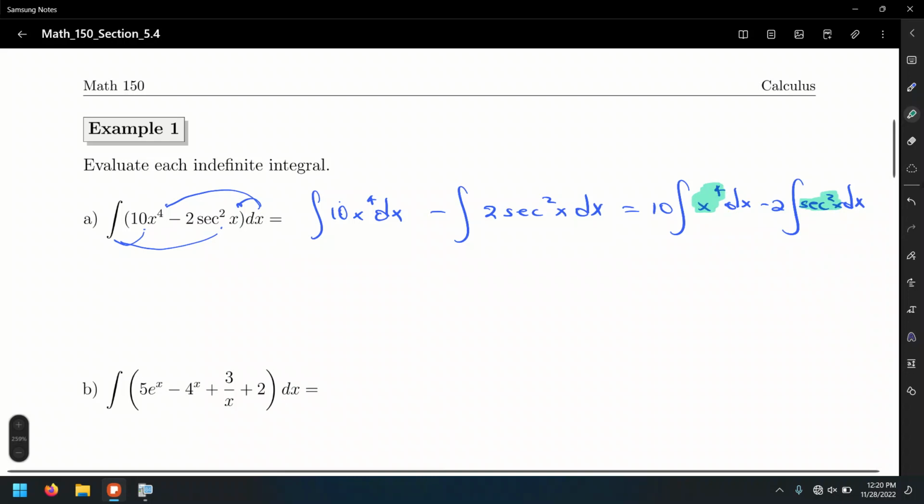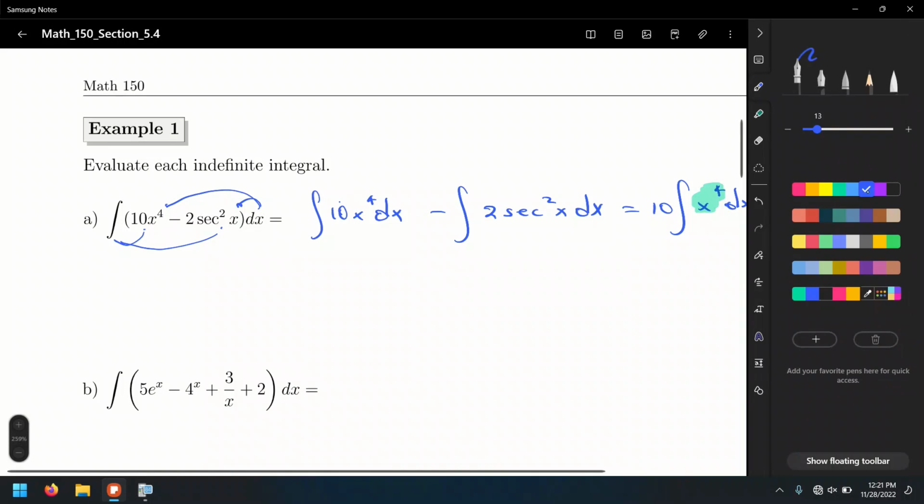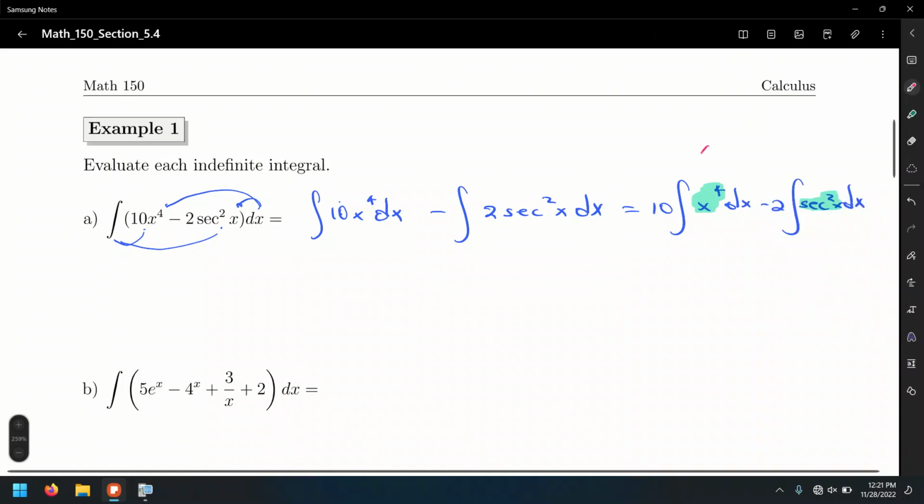For now we're going to have integrals for which we have direct formulas, so we just go through them. Here we have the form x to the n, and here we have the integral of secant squared. Secant squared comes from differentiating which function? Well, we no longer have to think that way.